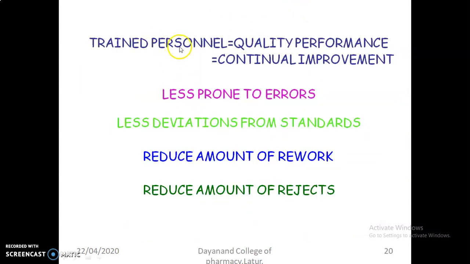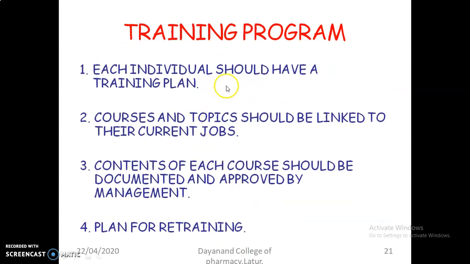A trained person will definitely improve quality performance, and it will lead to the continual improvement of the respective organization: less prone to errors, less deviation from standards, reduced amount of rework and reduced amount of rejects. So the training program should be planned. Each individual should have a training program.